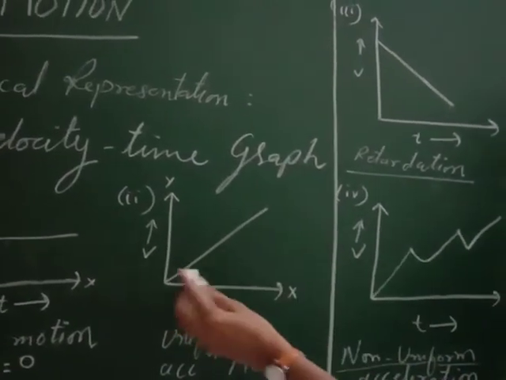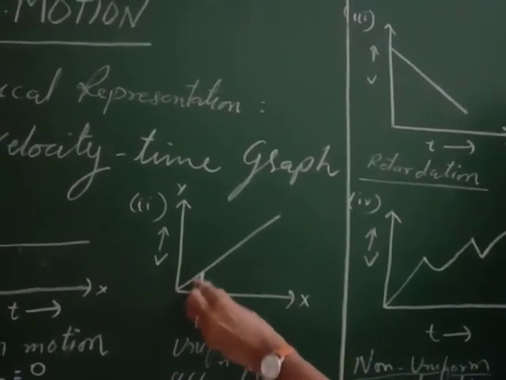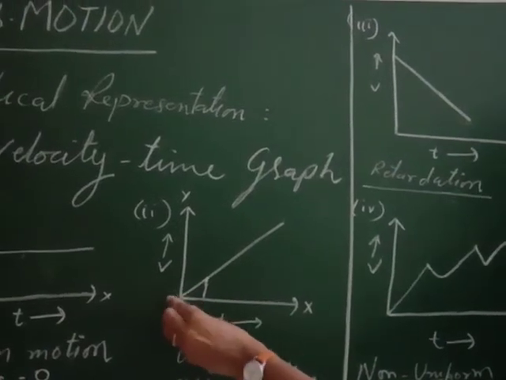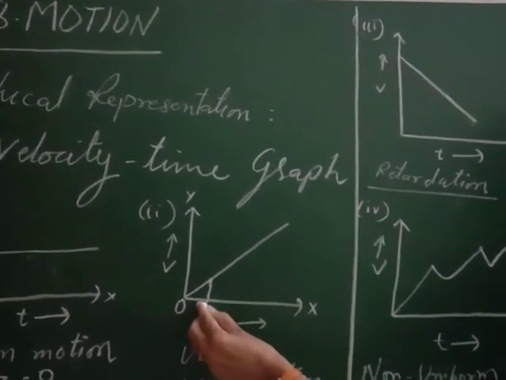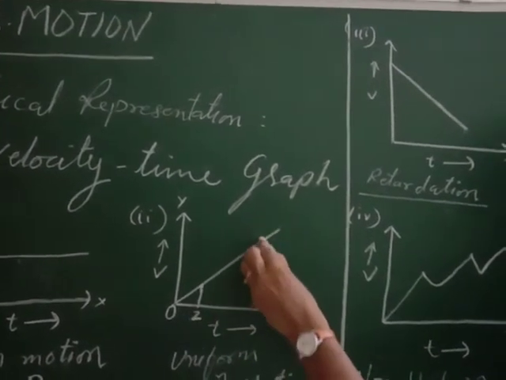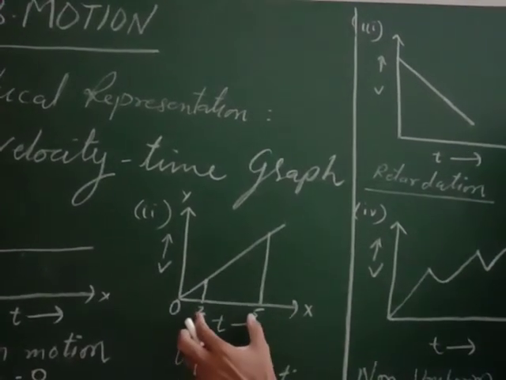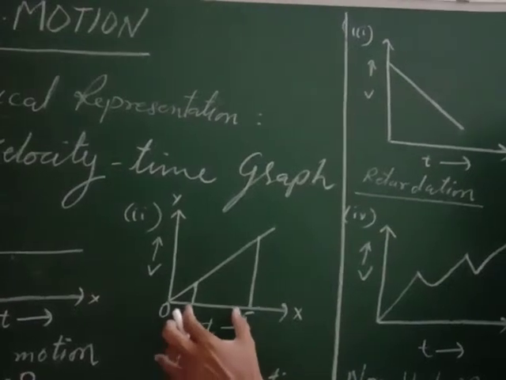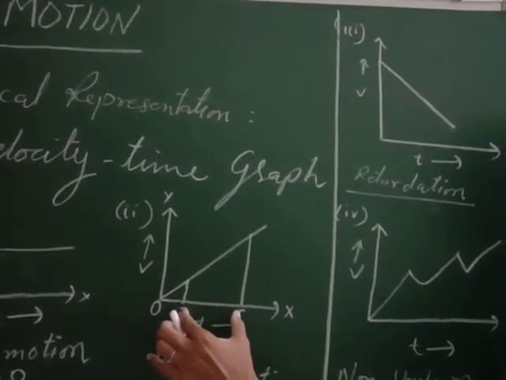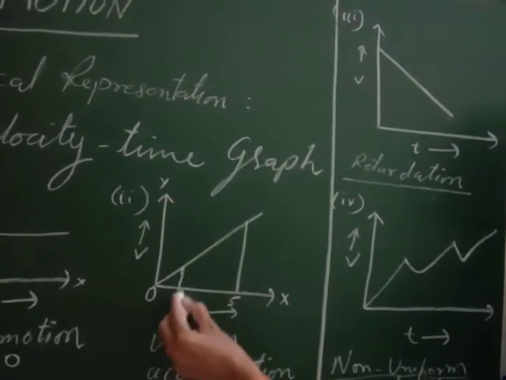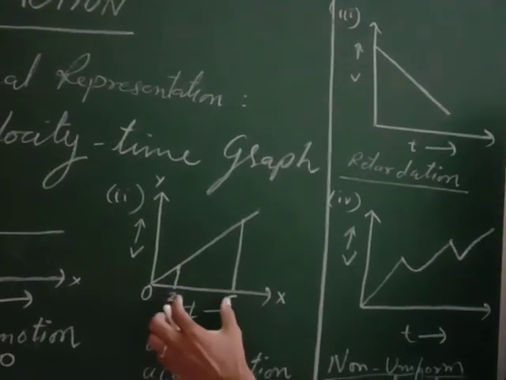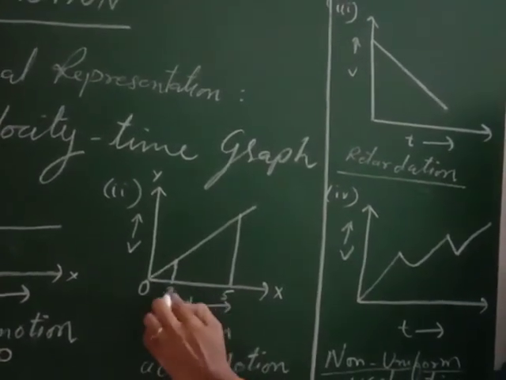Now see, suppose this is 0. Here the time is suppose 2. And here the time is suppose 5. I want to find out how much distance is covered by the object from 2 to 5 hours. That means within these 3 hours, 5 minus 2 is 3.